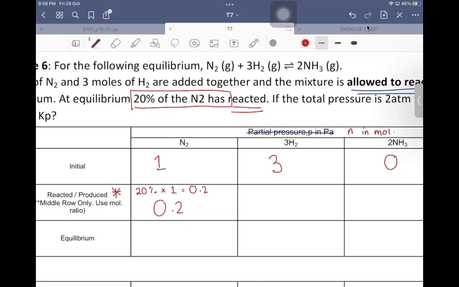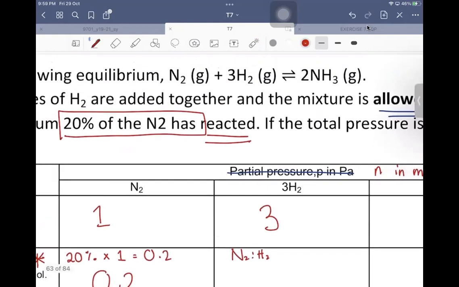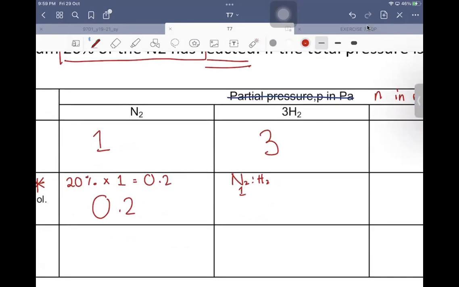If I want to work out hydrogen, they have a 1 to 3 ratio. If I have used 0.2 moles of nitrogen, how many moles of hydrogen would I need? That's just 0.2 times 3, 0.6.